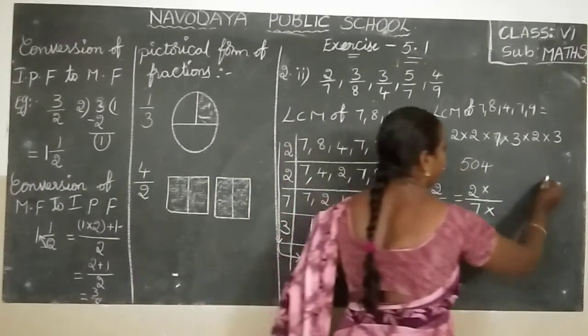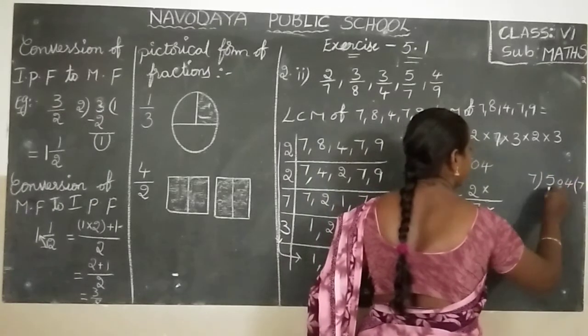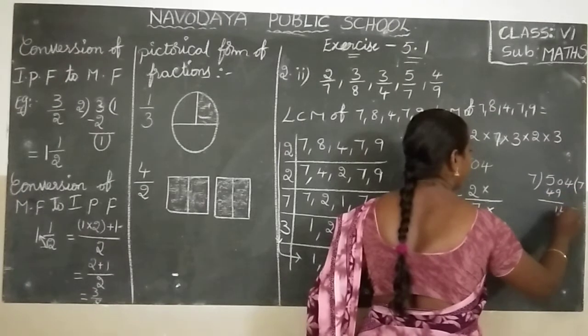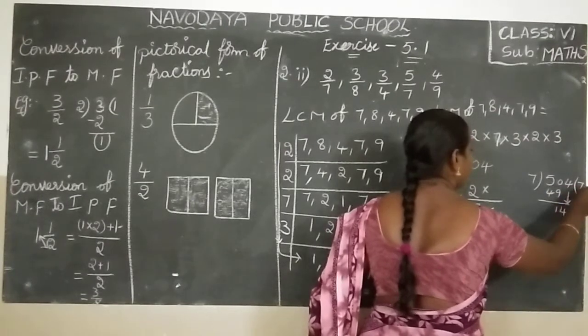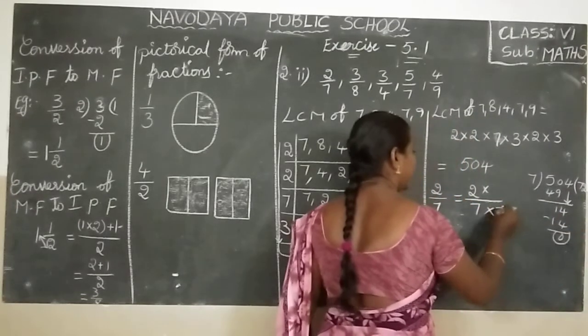To get that number we have to divide 504 by 7. So 7 7s are 49, 1 minus 1, 14. So 72.